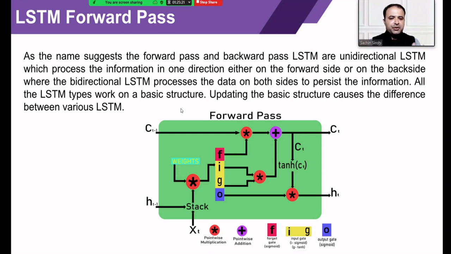If I'm talking about the RNN, there is input data on one side and then output. All the LSTM types work on the basic structure. Updating the basic structure causes the differences between the various LSTMs. So that is all about the forward pass, how the values are forwarded, stack, last in first out. So these are the forward passes, how the values move on both sides.